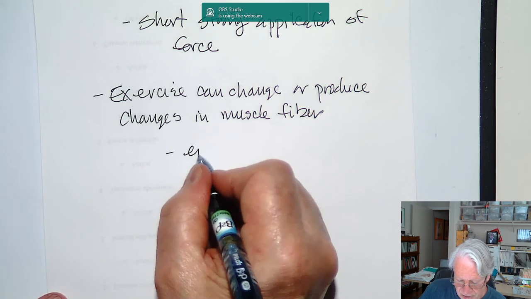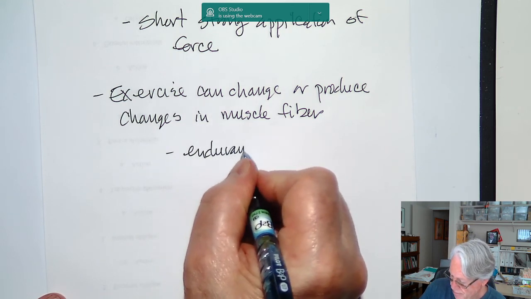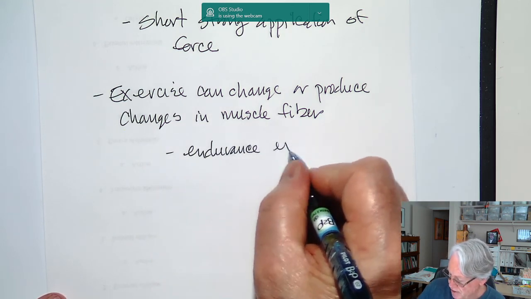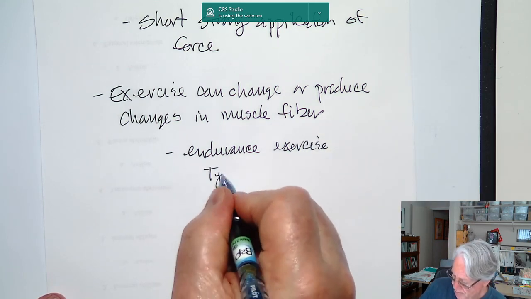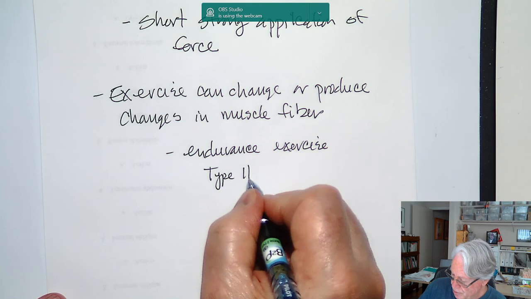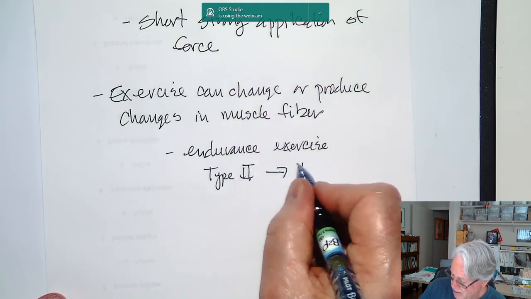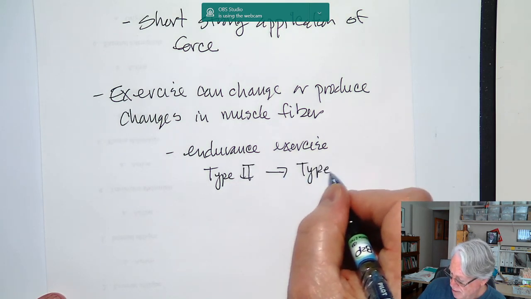So for example, endurance exercise can change a type 2 to type 1.